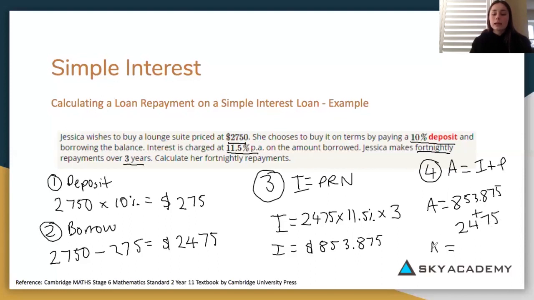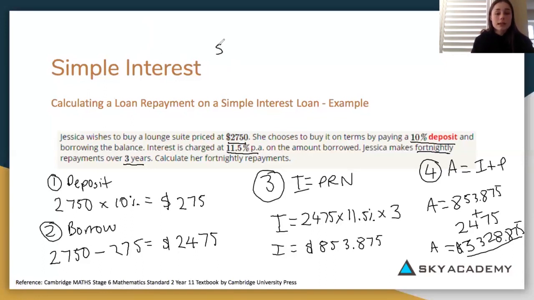And when you put that into your calculator, you should get an answer of 3,328.875. So that's how much in total she's going to have to repay. But she's not repaying this in one big chunk. She's going to repay it fortnightly over 3 years.